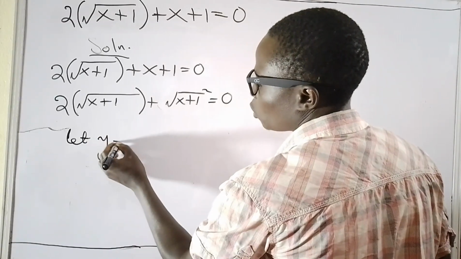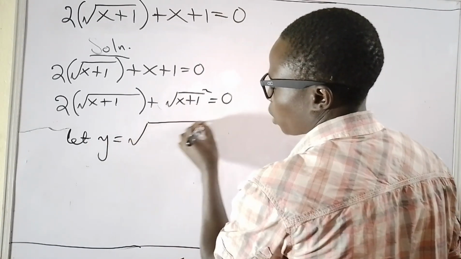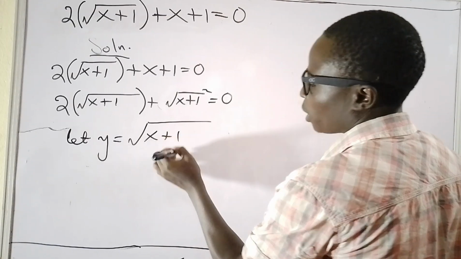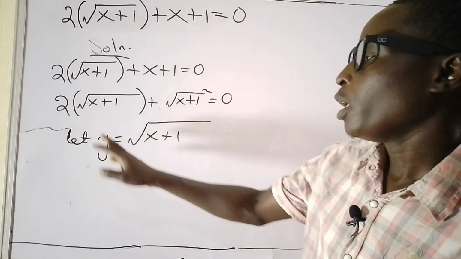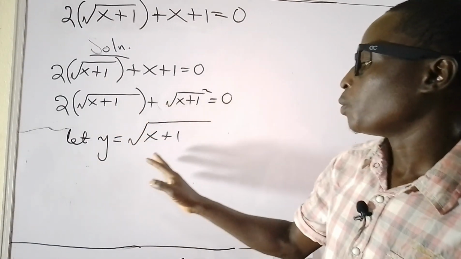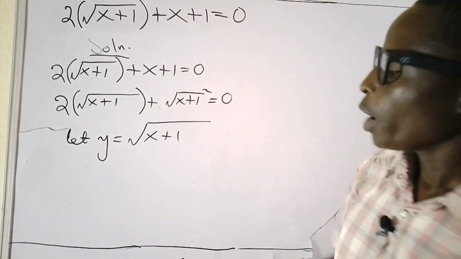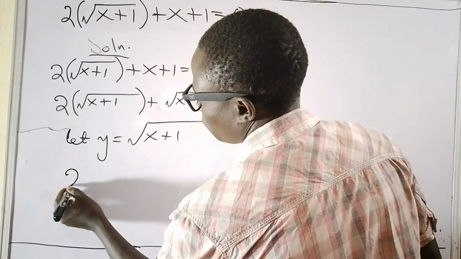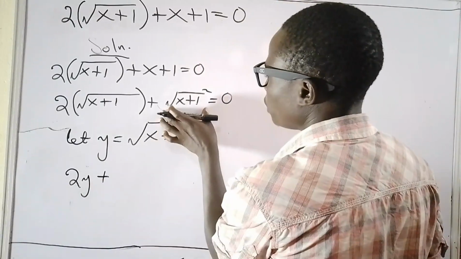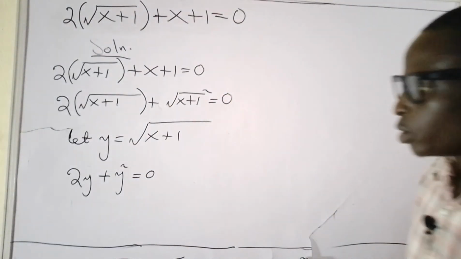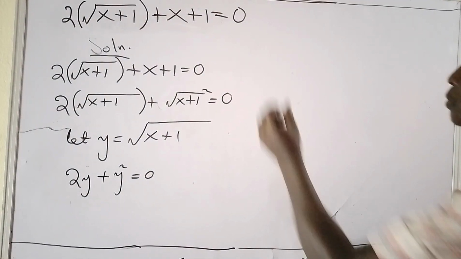So I will now let y be equal to the square root of x plus 1, so that anywhere I see x plus 1 in this equation, I will put y. This is the same thing as 2. So that is that.